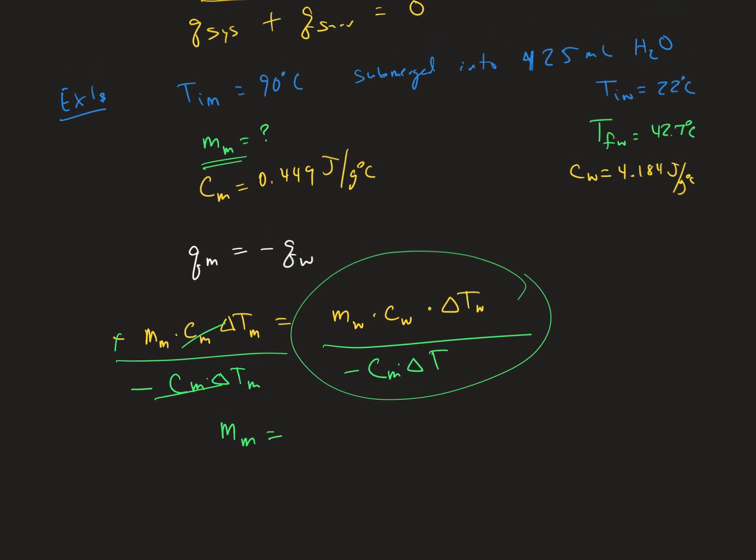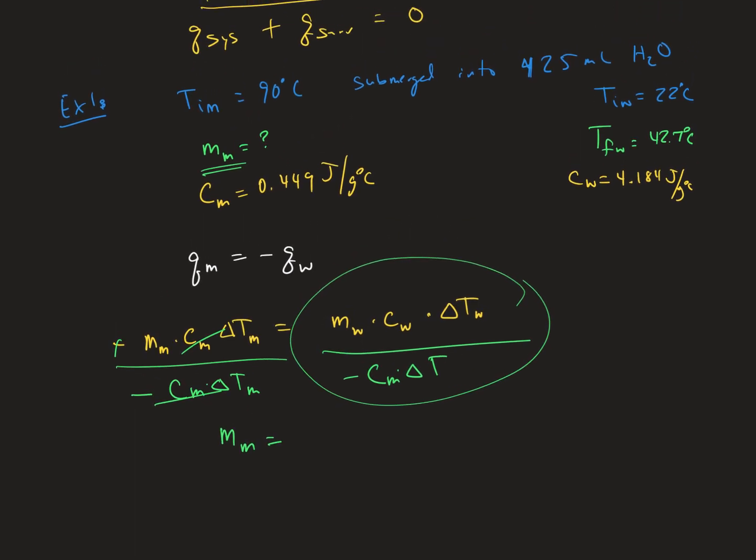So the mass of the water, which is, I don't have the mass of the water, so what do I need? The density of water. Anybody know what the density of water is? This is a good one to just know. 1 gram per centimeter cubed. We never use centimeter cubed. What can we call that?